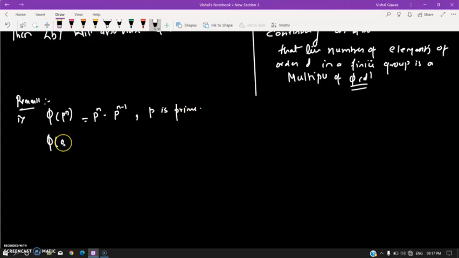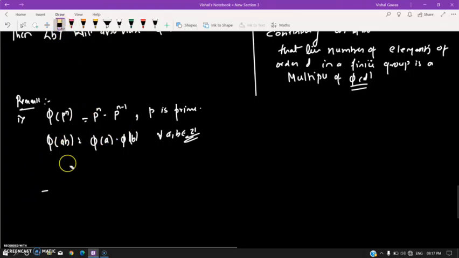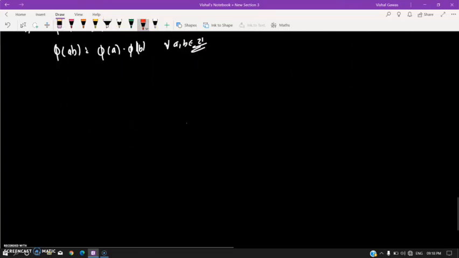And phi is a multiplicative function: phi of ab equals phi of a times phi of b, for relatively prime a and b. We call this multiplicative. You'll see in number theory what is a multiplicative function and completely multiplicative.